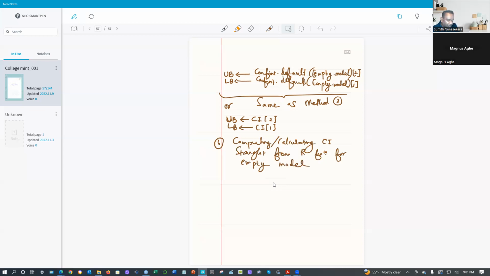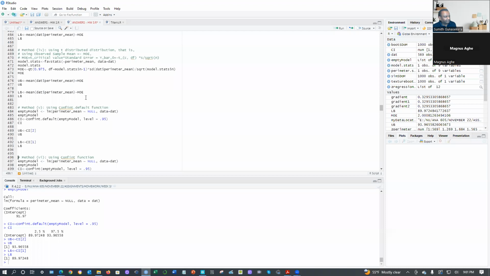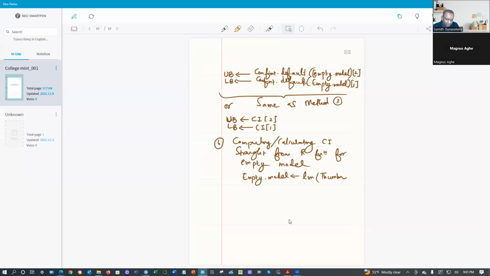But this time I have the empty model already. I'm going to write this one for my convenience one more time. lm of thumb, in my case, thumb. In this case, you don't have a thumb, we would be using the parameter mean. That's the difference between my note and that one.